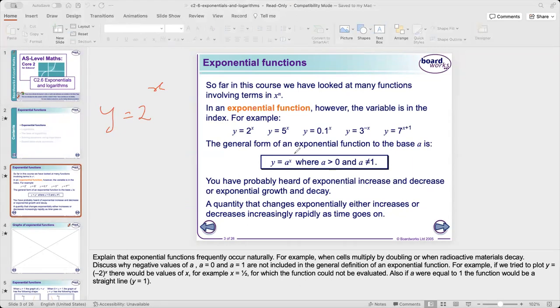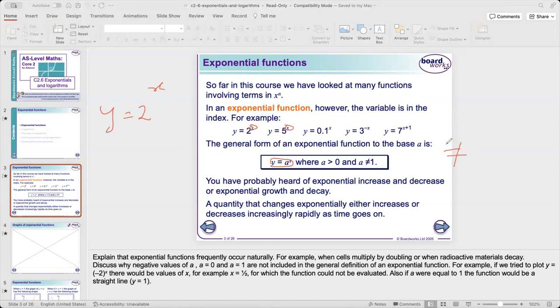So the general form for an exponential function is this, where a is more than 0. You can see that a must be more than 0 and not equal to 1. So when you see a sign like this, it means not equal to 1.